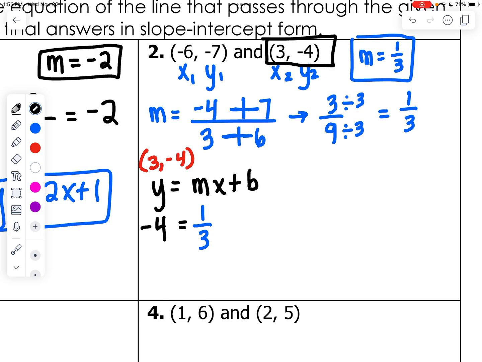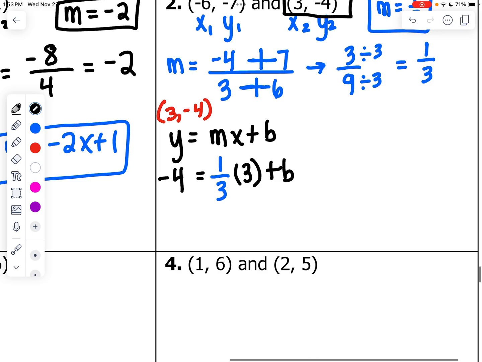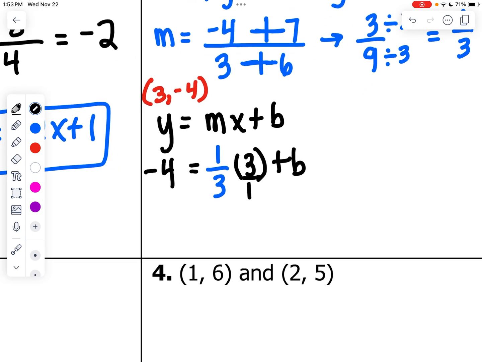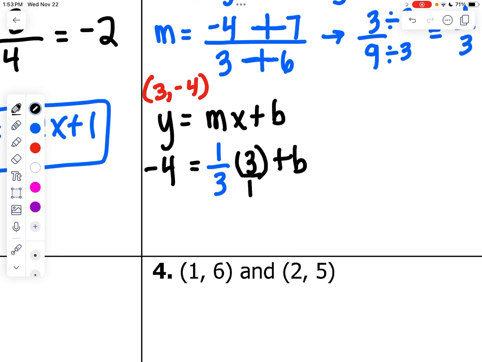You could also choose -6, -7. And my x is 3. I'm going to put a 1 underneath this so we can multiply these fractions. So I'm going to write negative 4 equals 1 times 3 is 3. 3 times 1 is 3. So it's 3 over 3. And what's 3 divided by 3? 1.